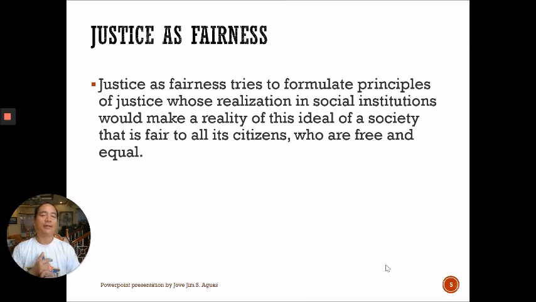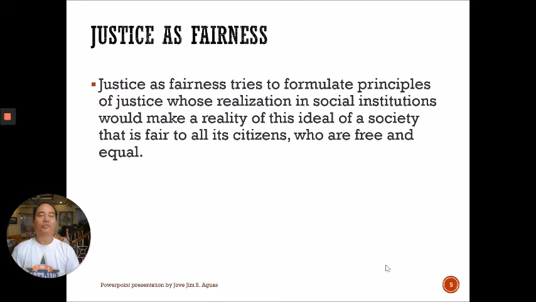One, that the citizens of that society are free and equal, and that society will only be realized if these members of the society can formulate principles, right? Can formulate principles of justice. And of course, what would be those principles?